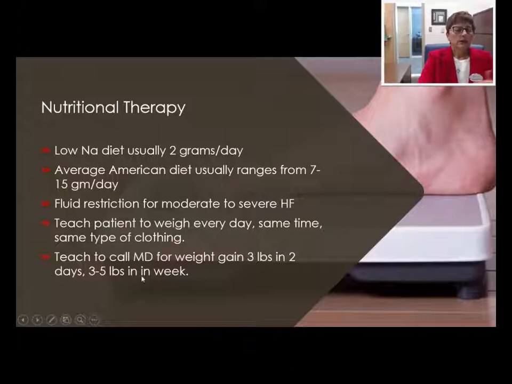Oh, I made 2 ins there. The ATI, I noticed it said 2 pounds in 1 day. So that's also valid. It can be 2 to 3 pounds in 1 or 2 days that they need to call the doctor, because that means that the fluid is going somewhere, whether peripheral system or the lungs.